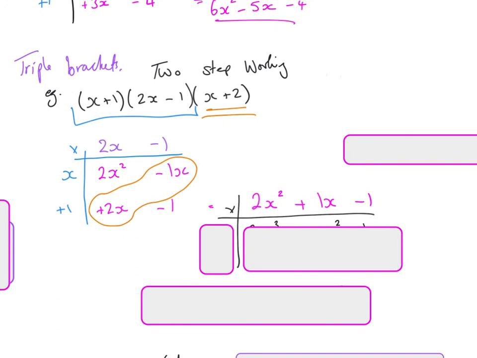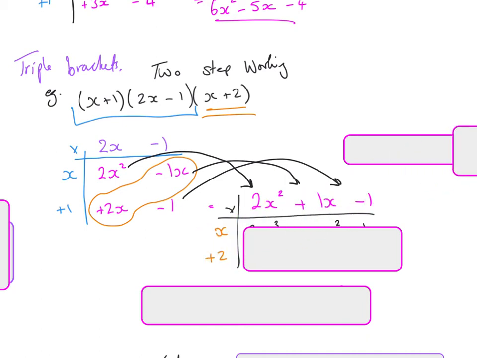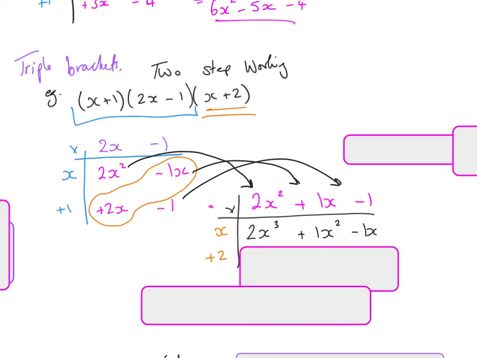Now we can do it so we don't have to simplify it, and we're just going to have a bigger box as we go through. Once I've got all those values there, I'm going to put my third bracket down the side. So this x plus 2 goes down the side there. Again, we repeat the process, but I'm going to end up with more values. So 2x to the power of 3, 1x squared and minus 1x.